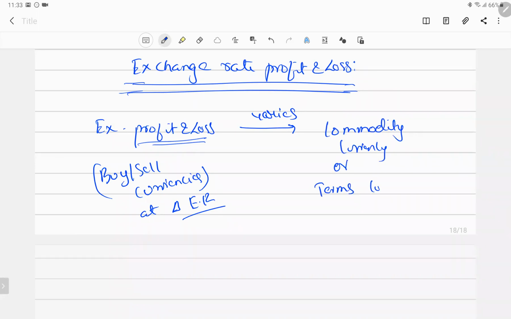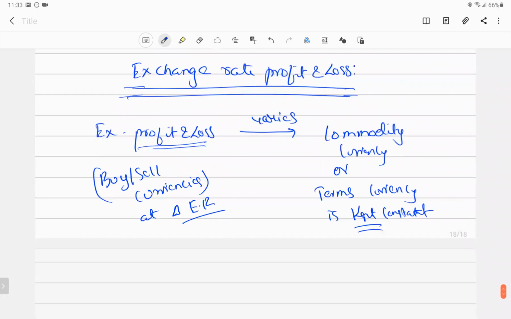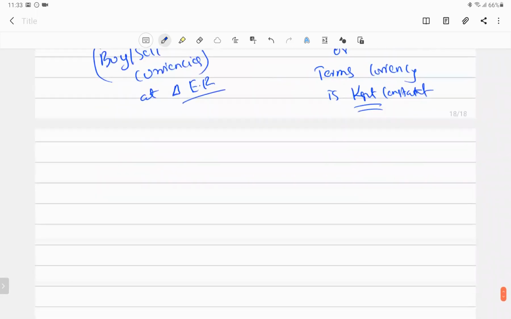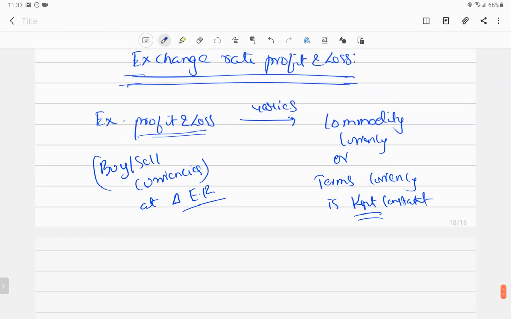So any one of the currencies should be kept constant, then only we can see whether there is a profit or loss. Profit or loss will be expressed only in the units of the currency. That is very, very important. Not to get it too complicated over here, because in risk management we will be dealing with which currency has to be kept constant and which currency has to be fluctuated. We'll see later in the financial derivatives, right?